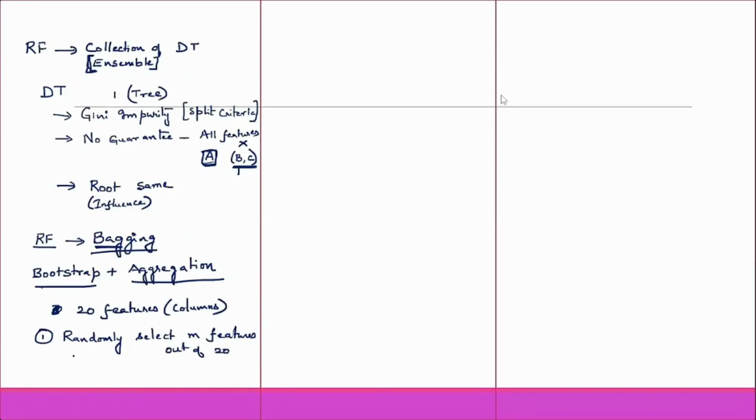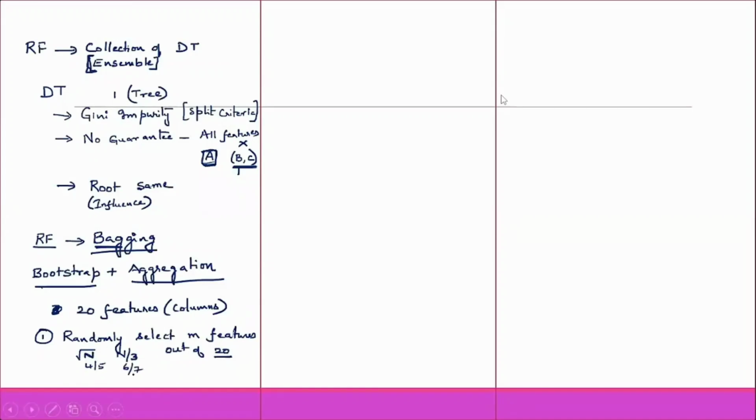Most of the time what they suggest is you go with the square root of n, if n is the number of features. So approximately you go with 4 or 5 in this case if there are 20 features. Or nowadays we also talk about a slightly larger number around this range, so we are talking about 6 or 7.